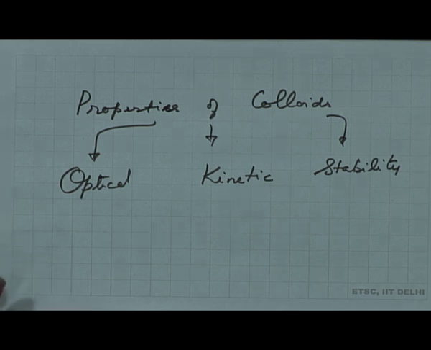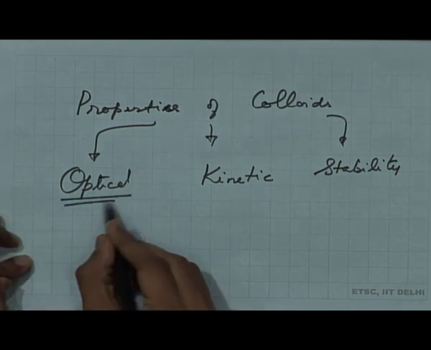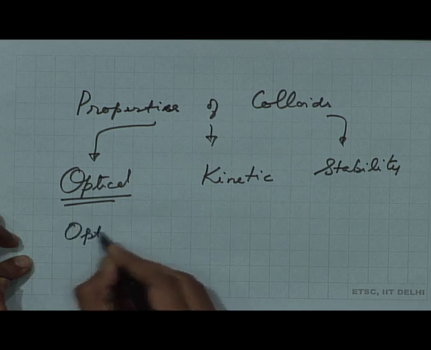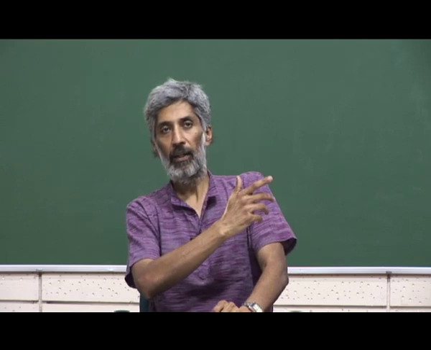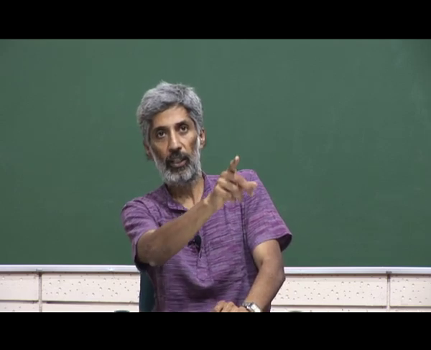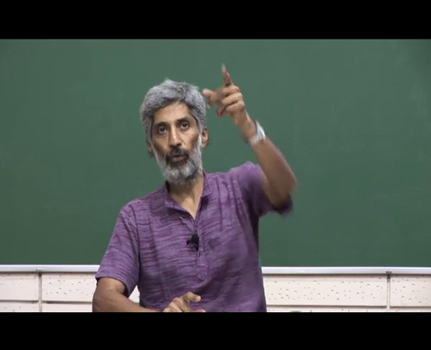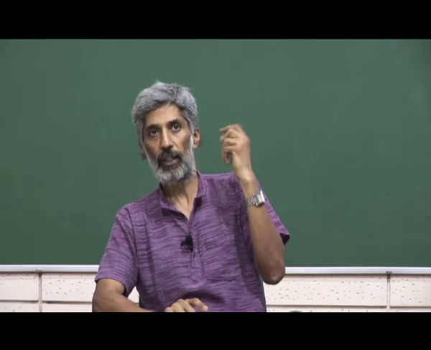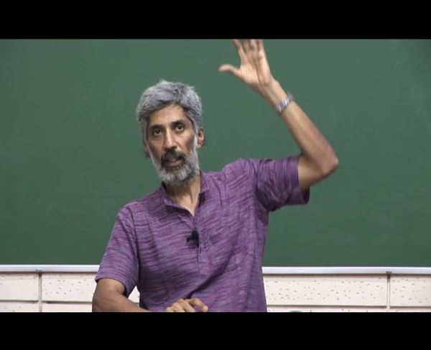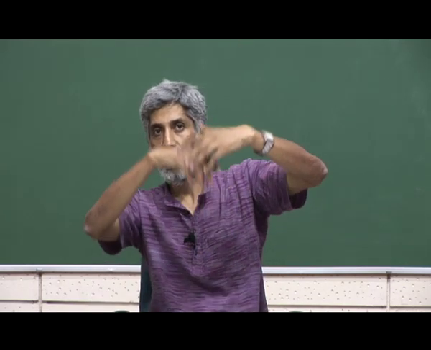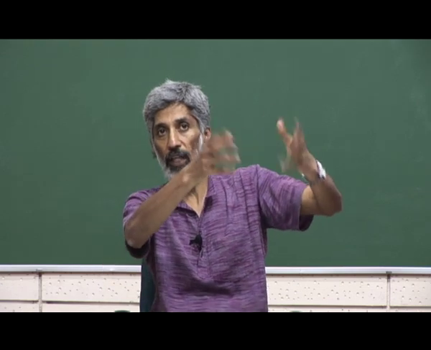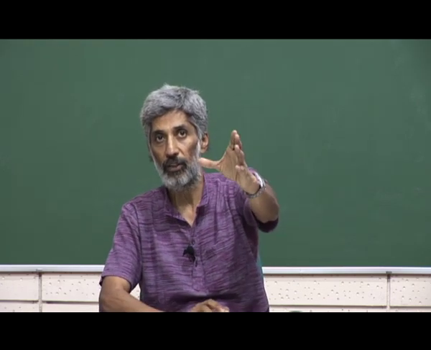Okay. The first thing that we will come to is the optical property. If you happen to go to a movie, a cinema, and you happen to turn back and look at the projector that is projecting your movie onto the screen, you would often find that the light that comes from the projector is seen very clearly because of the dust particles that come into the light beam.